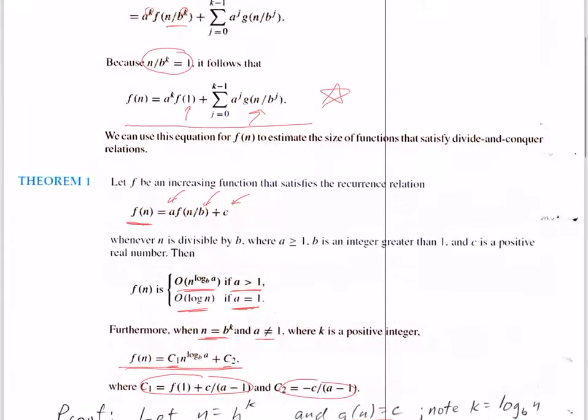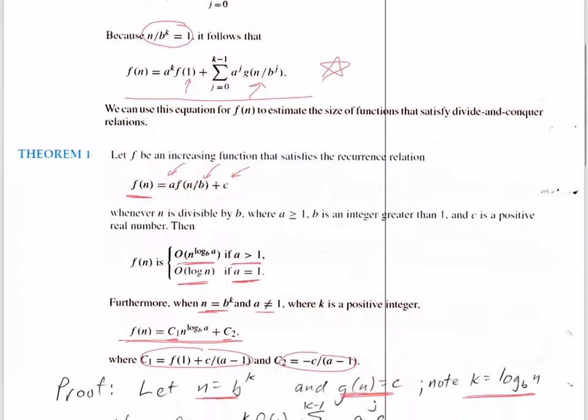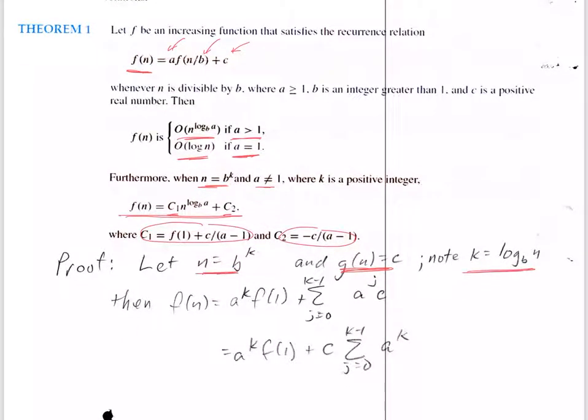All right, so we're going to take this function that I had starred before and substitute c for all the functions of g. I get a to the k times the initial condition plus the sum of a times g(n), or all the various inputs for g, but it's just a constant, so it's a to the j times c.